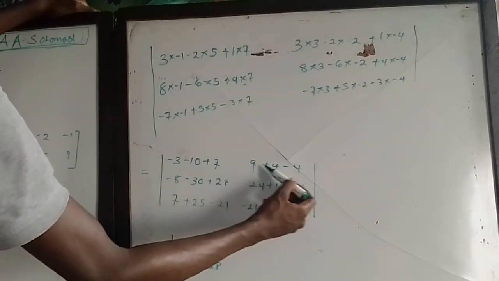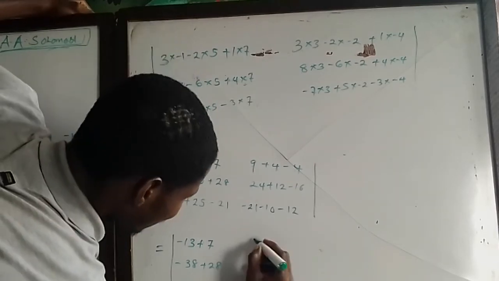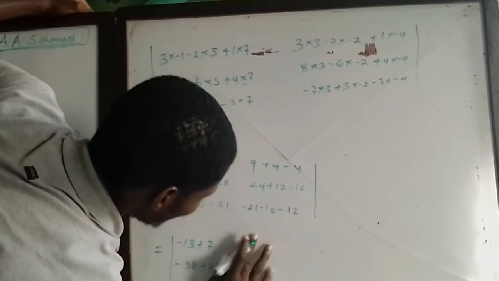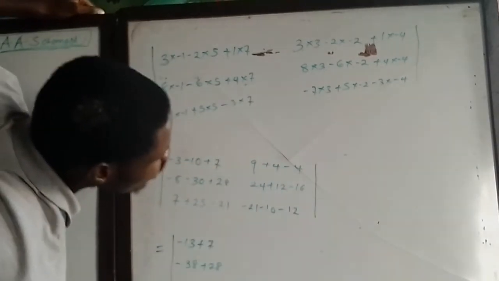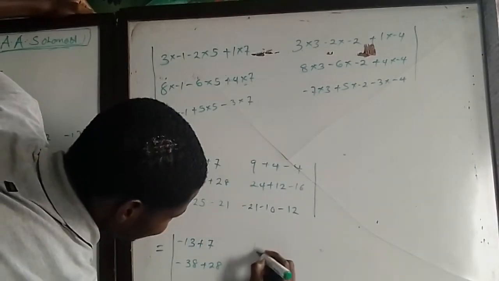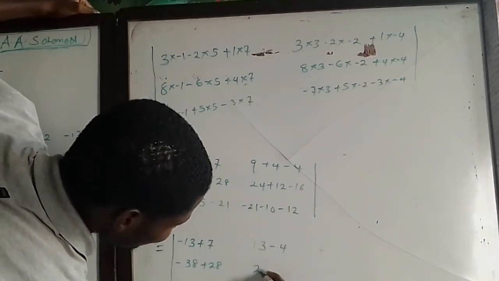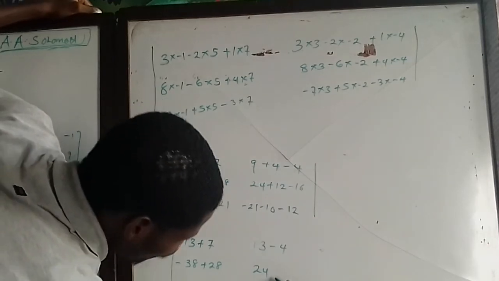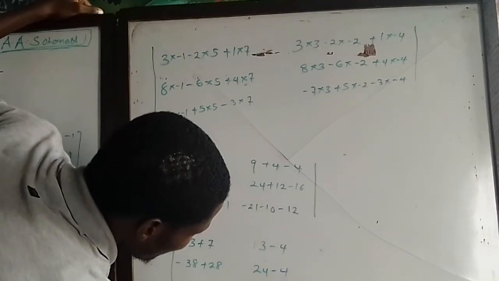Then 9 plus 4 will give us 13 minus 4. Then 24 plus 12 minus 16. 12 minus 16 will give us minus 4.